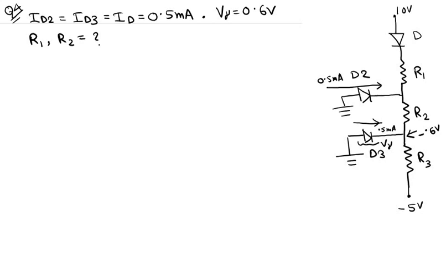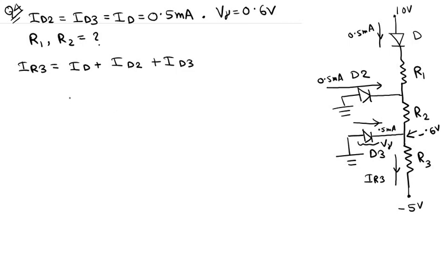It is stated that the current through all these three diodes is 0.5 milliamperes. So what is the current that flows through this resistor R3? IR3 must be equal to ID plus ID2 plus ID3, plain Kirchhoff's current law.